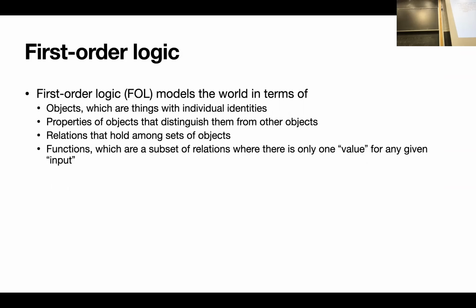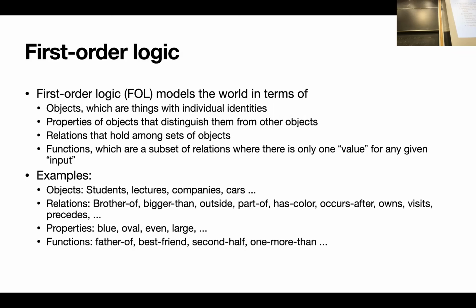Relations hold among sets of objects: one object is bigger than another object. Functions are a subset of relations where there is only one value for any given input. So each function has to map something to only one single value, and that's how we'll define a function here.